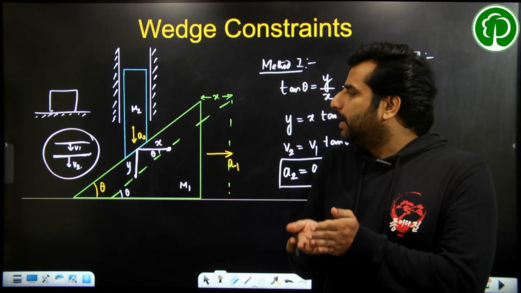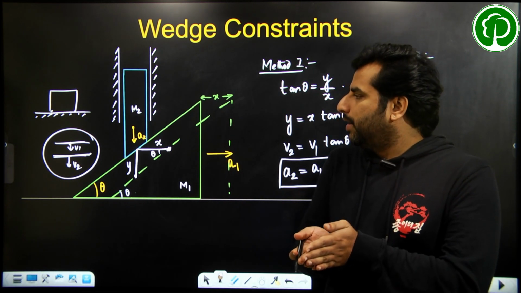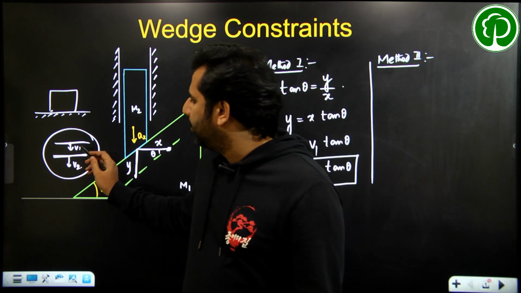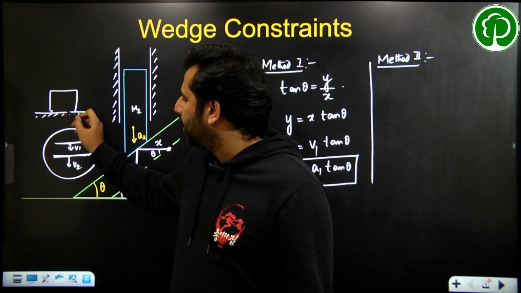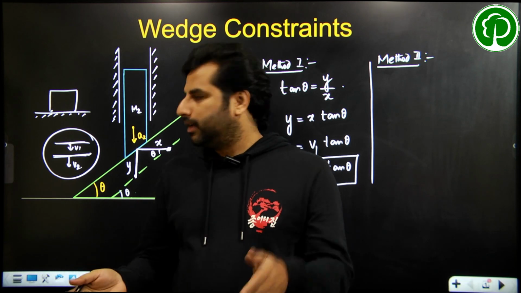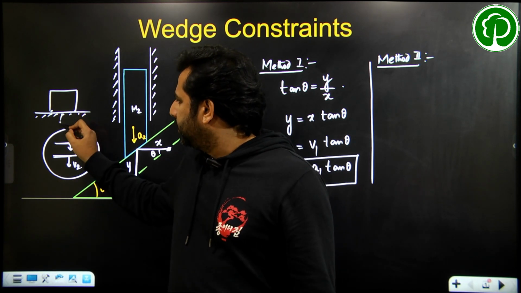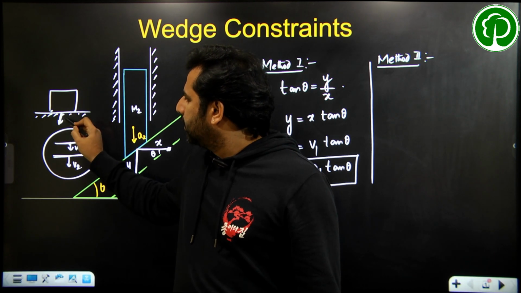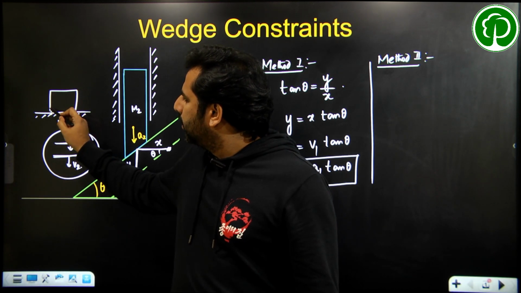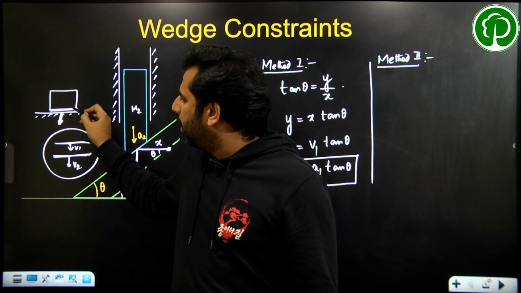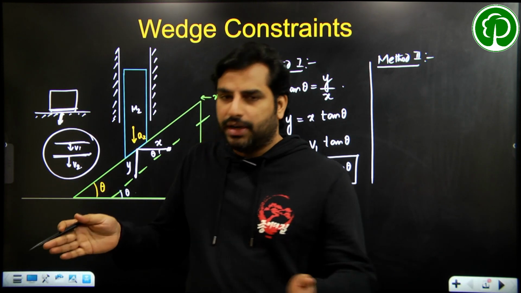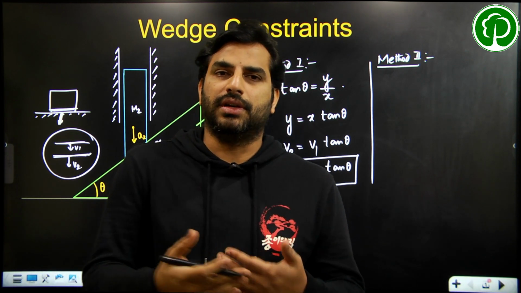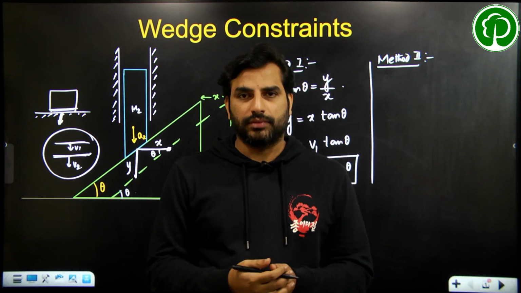If v2 is more than v1, then there is no more contact between 1 and 2, so they get separated. If the velocity of the surface on which the block is placed is more than the velocity of the surface of the block, then definitely they get separated. There is no more contact between the block surface and the platform surface.